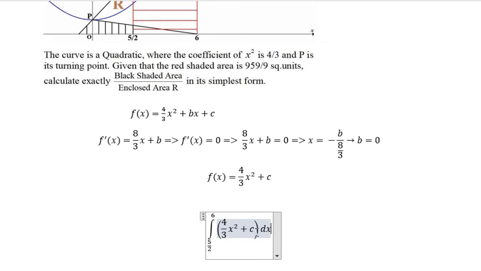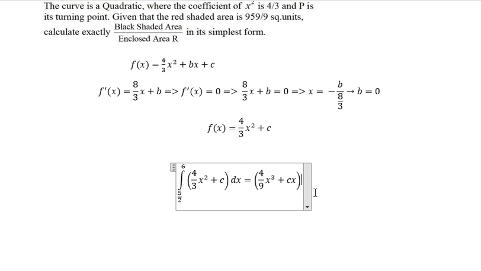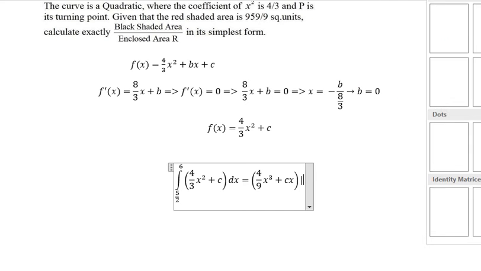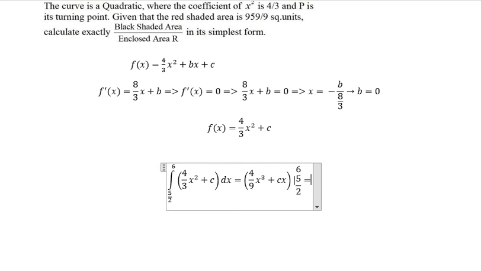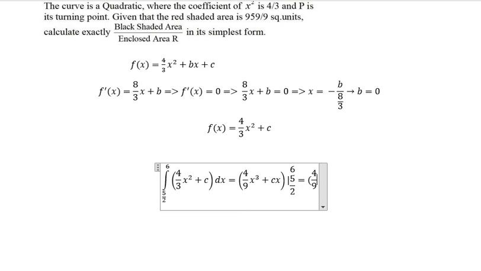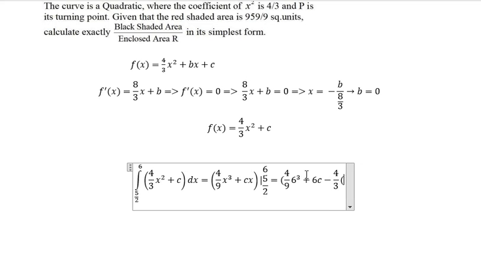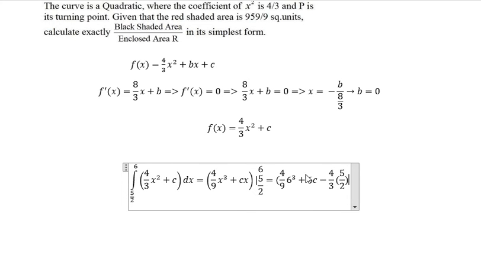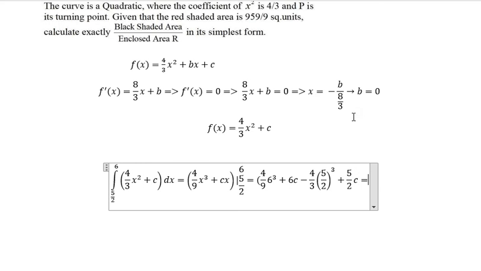In this way we can find the value of c, and it equals 959 over 9.